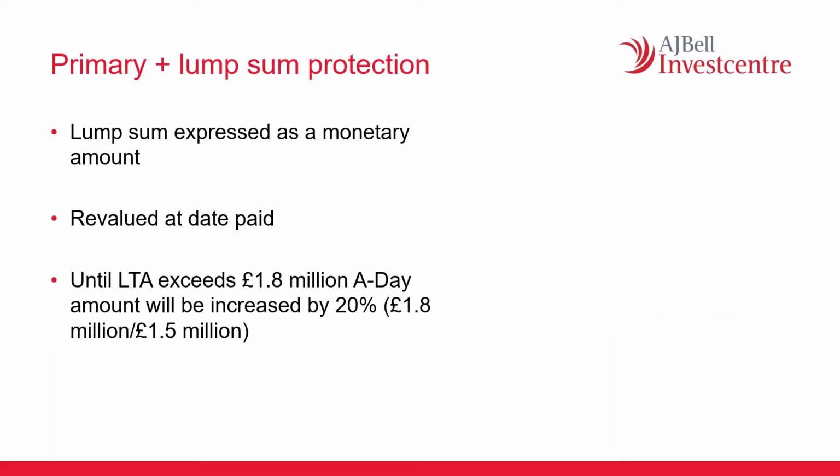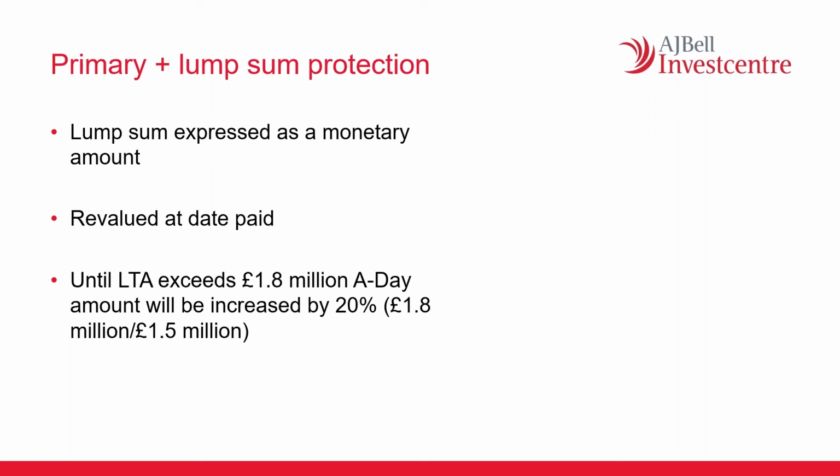Moving on to somebody who has primary protection with lump sum protection. As I said at the start, the primary protection is expressed as a monetary amount rather than a percentage. It's a monetary amount, and that's revalued at the date paid, so whenever you come to take benefits. And until the lifetime allowance exceeds 1.8 million, in terms of how that revaluation will work, effectively it's going to be increased by 20% because it's 1.8 million over 1.5 million.